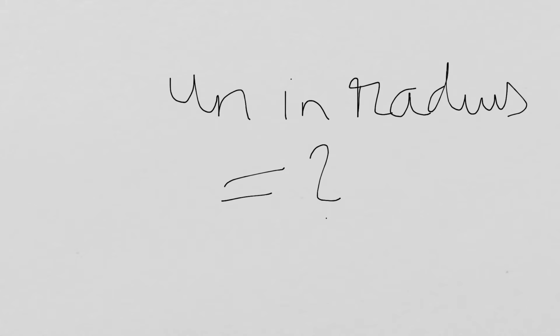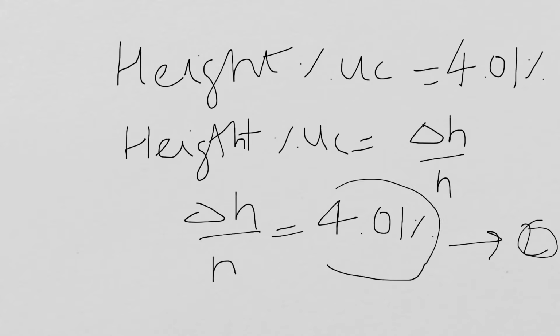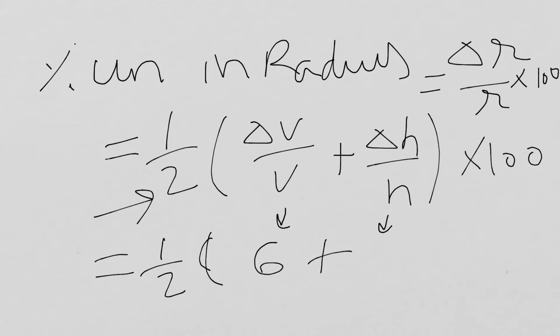So 6 plus 4.01, bracket closed, into 100. Solving this, 6 plus 4.01 is 10.01, so half into 10.01 means 5.05 will come.